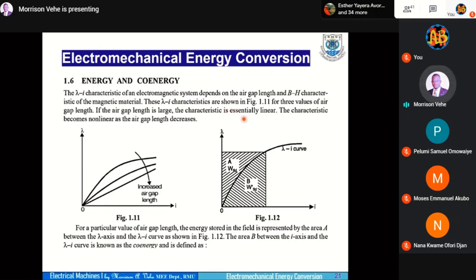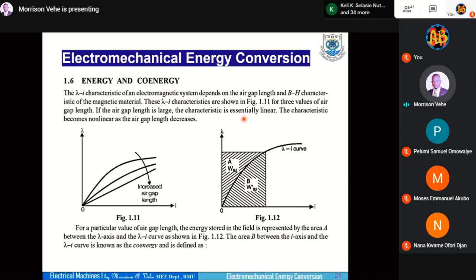With a large air gap length, the BH characteristic is going to be linear with regard to the lambda-I. The characteristic becomes nonlinear as the air gap length decreases.